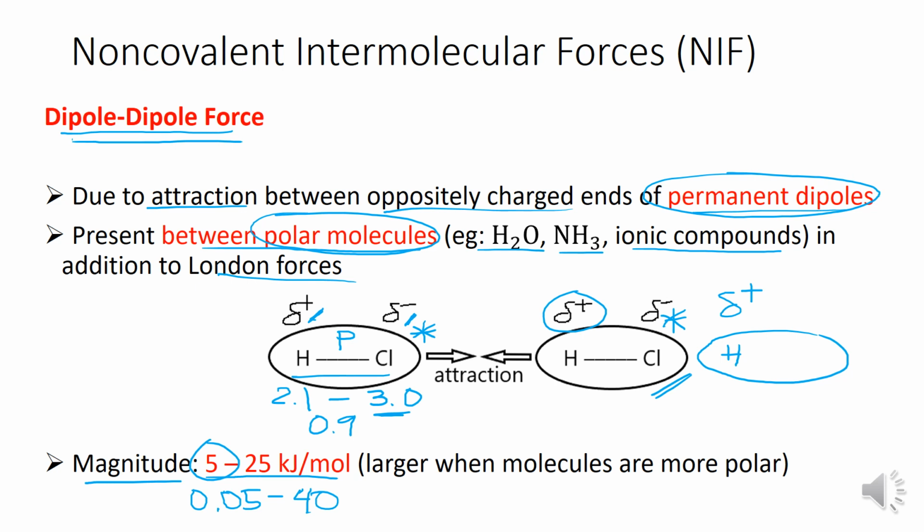So that means that in most cases, the dipole-dipole force is stronger than the London force. Remember again, dipole-dipole force is due to the permanent dipoles. Therefore, the magnitude of dipole-dipole force is larger when the molecules are more polar. In other words, the more polar a molecule or particle is, the stronger the dipole-dipole force.